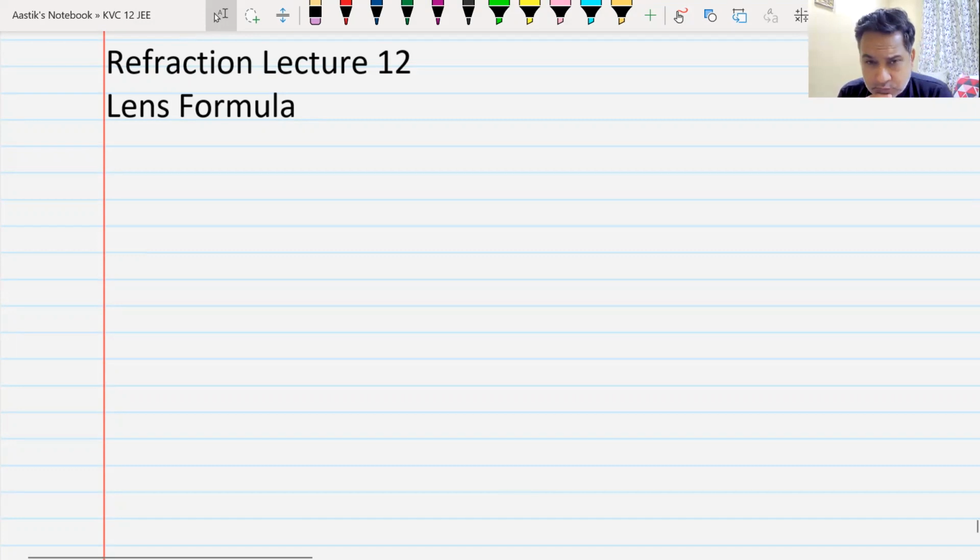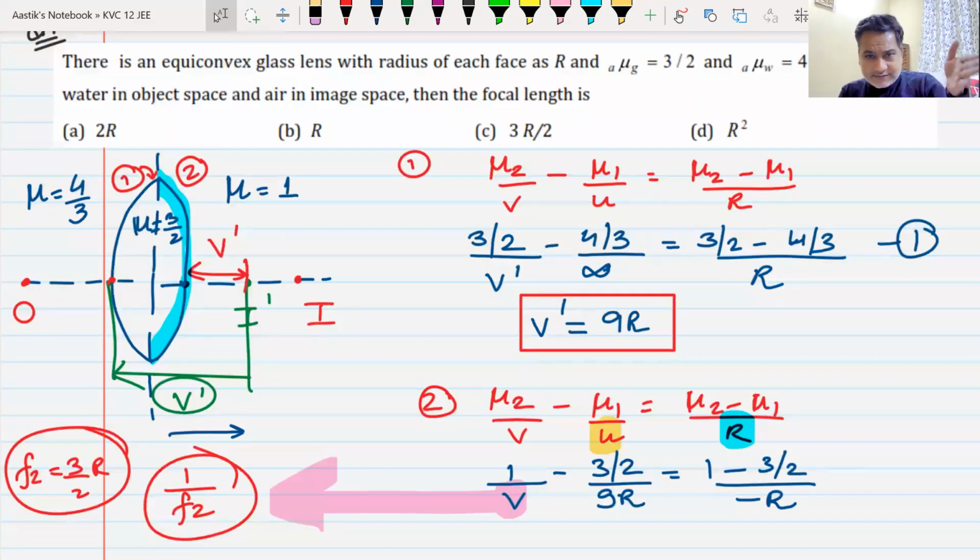Lens maker's formula. We were doing lens maker's formula, and we were seeing what happens if we have one medium on one side and another medium on the other side. How are we supposed to find out the focal length of such a lens, when one medium is different and the other medium is different?